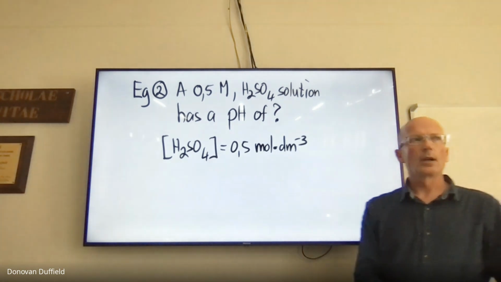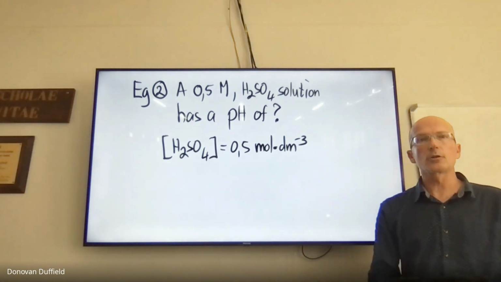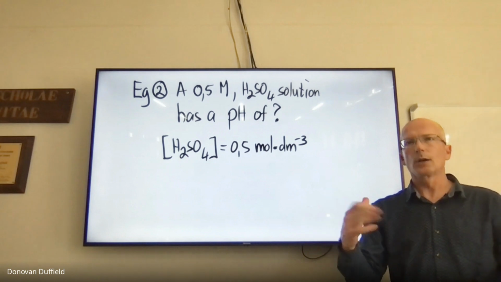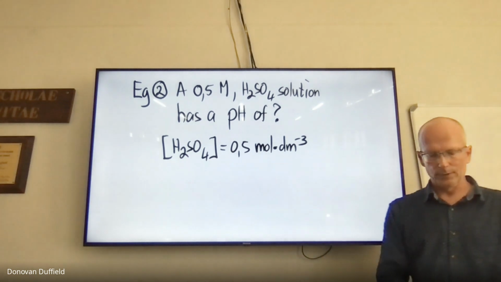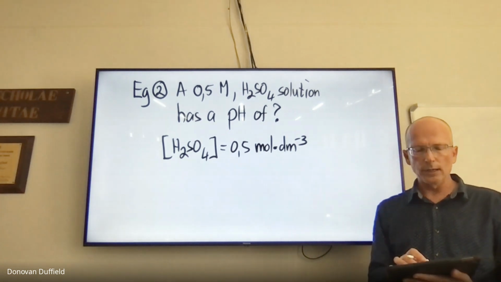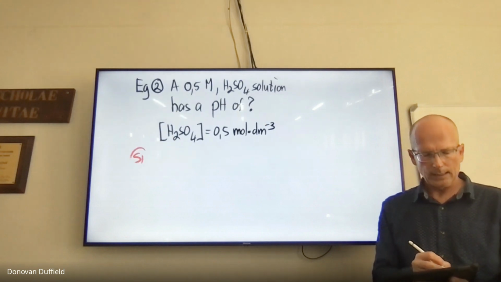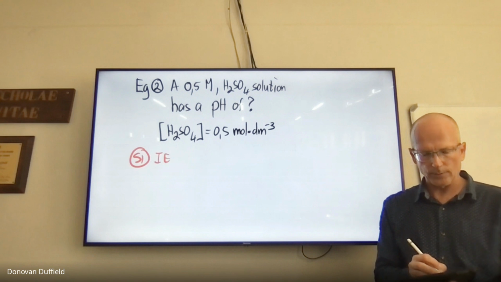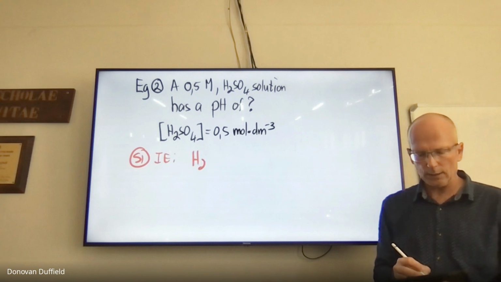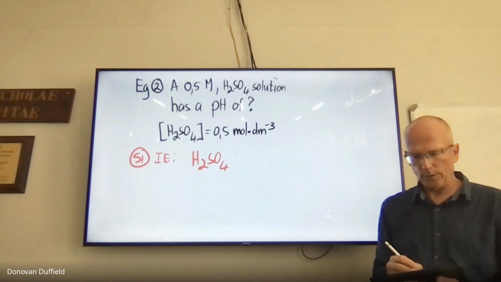Okay, now I want you to work out the pH. This is not the total problem, okay? We're gonna do a reverse problem before you go. This shouldn't take you too long. You need the first step. Step number 1 is the ionization equation of H2SO4 with water.